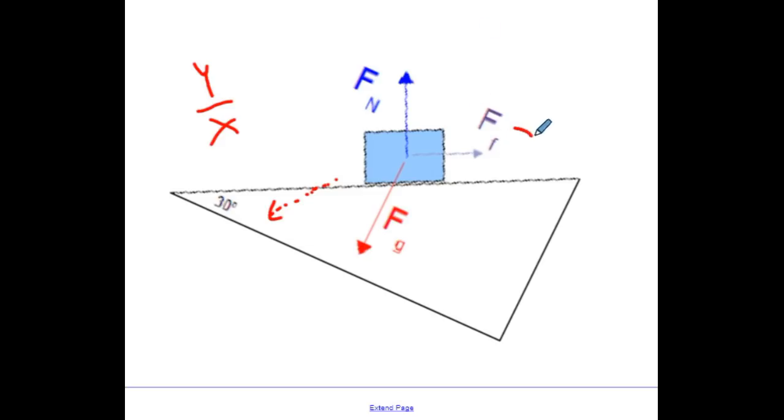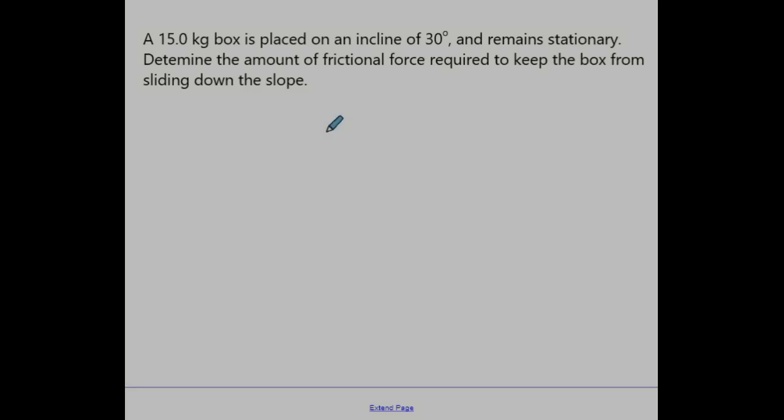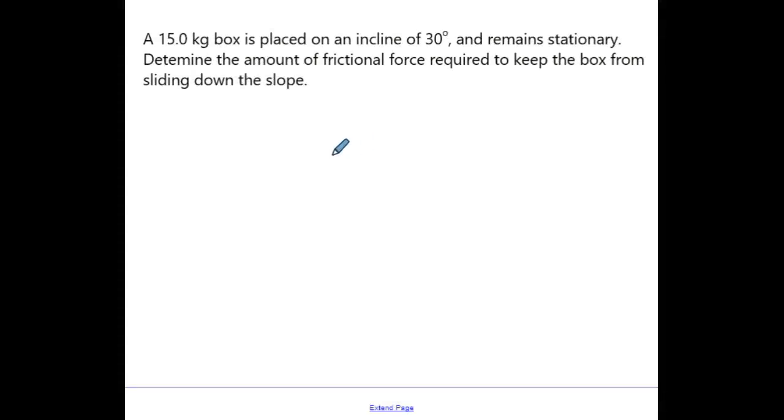Because the force of friction is happening in the x dimension, the normal force is happening in the y dimension, and gravity is actually happening in 2 dimensions. Part of it is a y component, and part of it is an x component. And I can actually calculate the force of gravity in both x and y. So if you can imagine turning it sideways, that's how we're going to solve some of our next problems. So let's do some examples now.